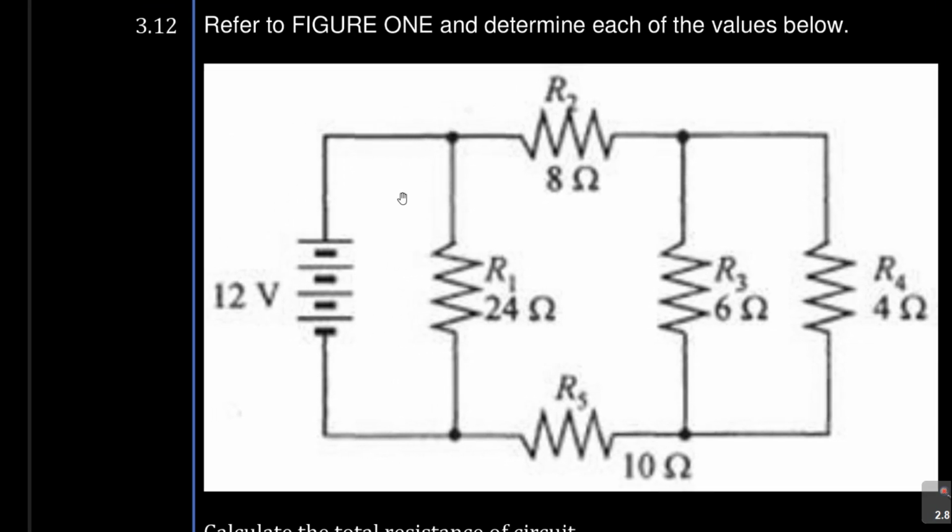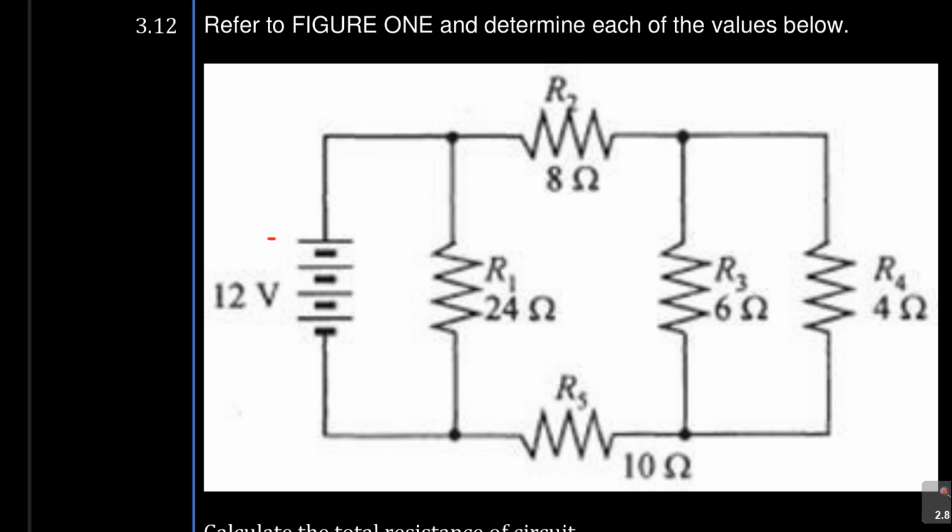What do you do here? Follow the current. I know some people will say there is conventional current and then there is the flow of electrons. So I'm going to use the conventional current method. It doesn't matter whichever way, you're still going to get the same answer after all.